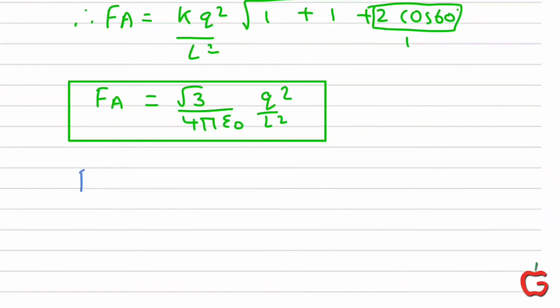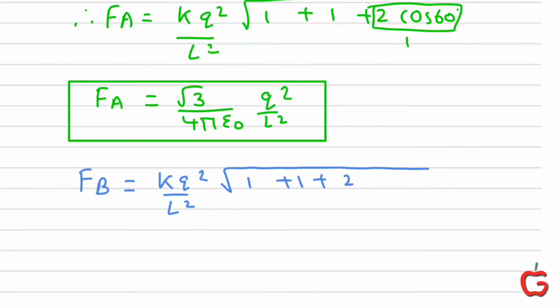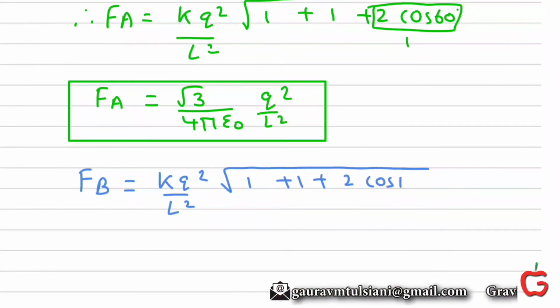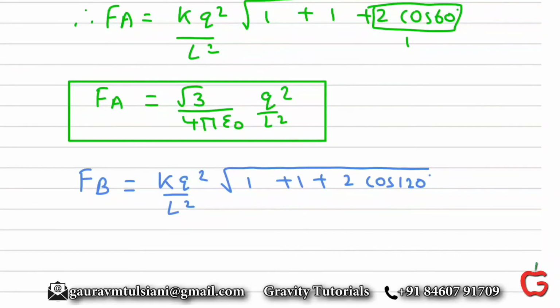So we can directly write the force on B to be KQ square by L square. The root bracket will have 1 plus 1 plus twice cos 120. Cos 120 is minus half, so this term becomes minus 1.